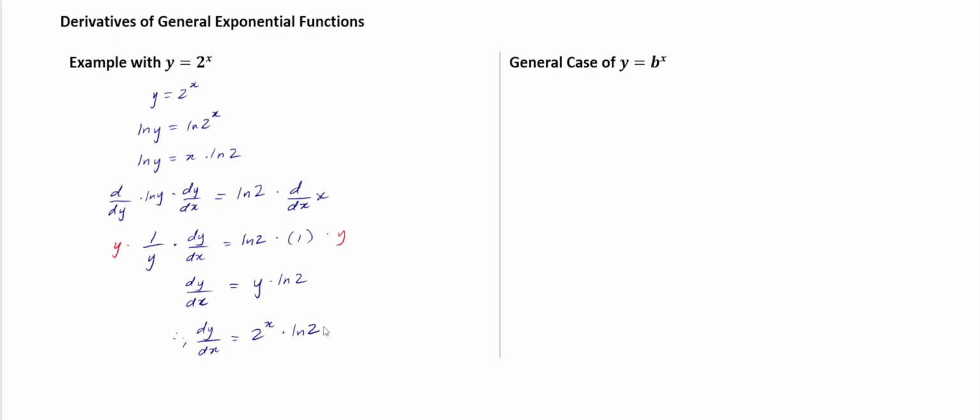So that's with a specific example of a base 2, but can I do this for base b? Well, absolutely. Again, I'm going to take the natural logarithm of both sides. That allows me to bring the x in front. And this right here is a constant, so I'll just put that in our notes right there.